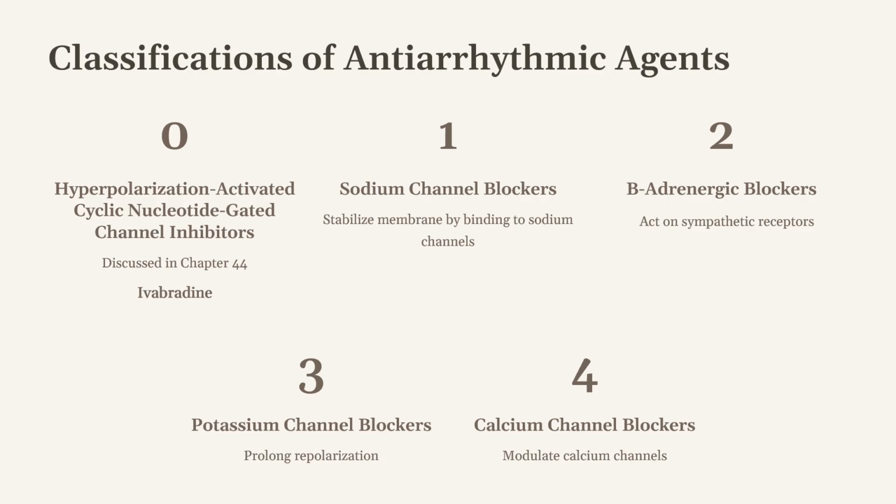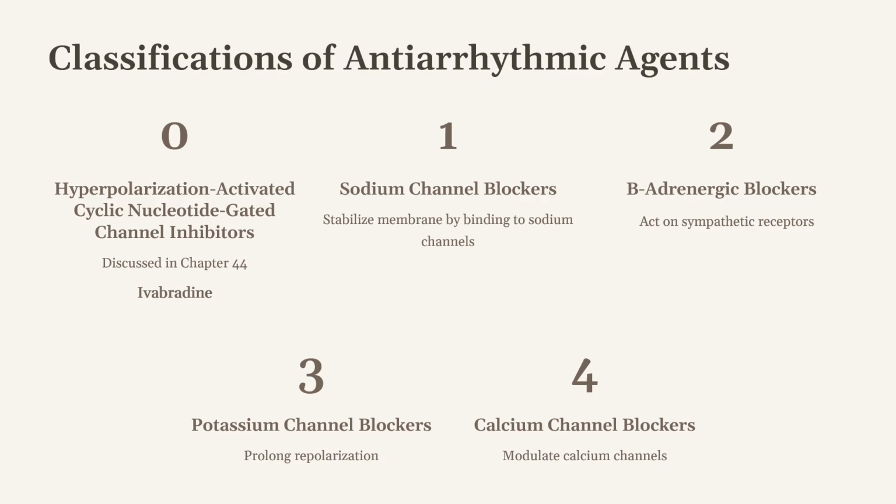I have a little note here that there's a table of the different classes on page 797 and 798, table 45.1. So the different drugs are ivabradine, which is the hyperpolarization-activated cyclic nucleotide-gated channel inhibitors.